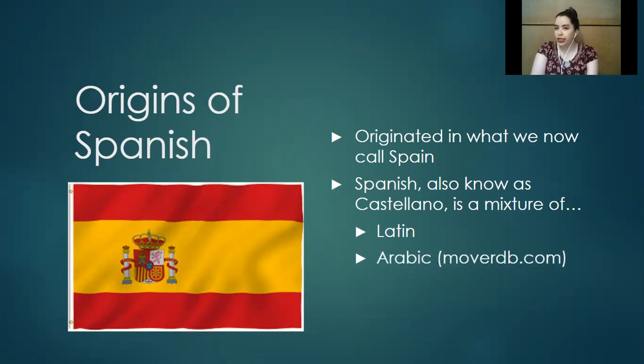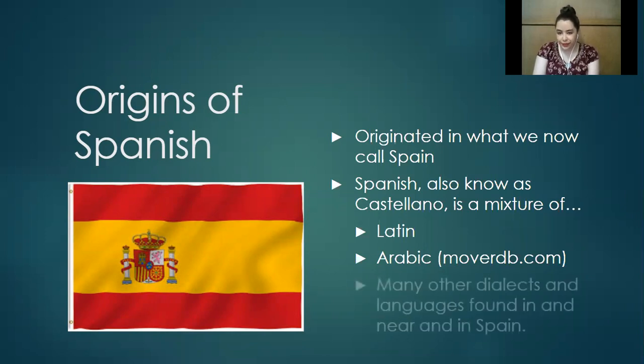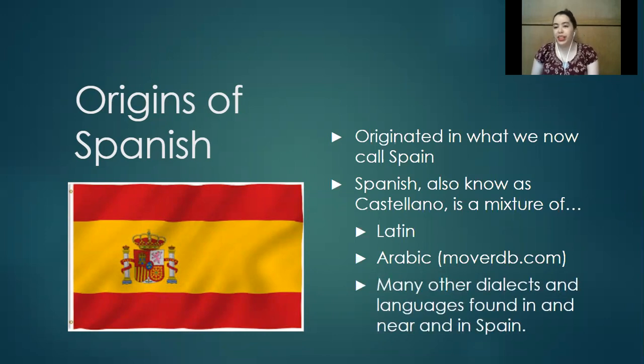And this was interesting to me. Again, according to this website here, 7 or 8% of the vocabulary in Spanish comes from Arabic, and we'll talk about why in a minute. And of course, many other dialects and languages found in and near Spain.